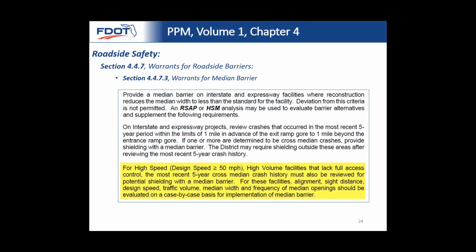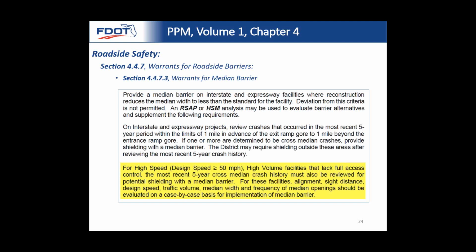Essentially, that policy is to evaluate the same 5-year cross-median crash history that you would on an interstate or an expressway project, but we also highlight the fact that you need to evaluate the different facility elements such as the alignment, sight distance, design speed, the frequency of median openings.